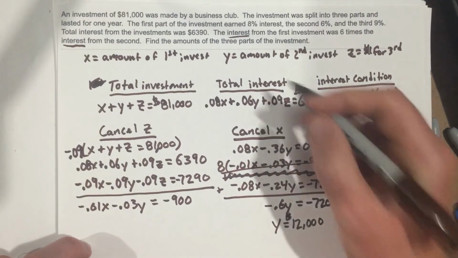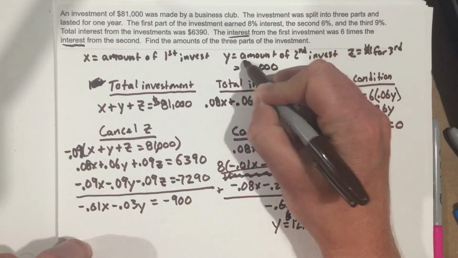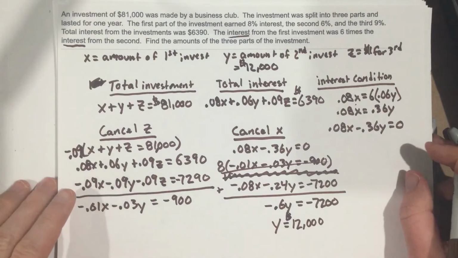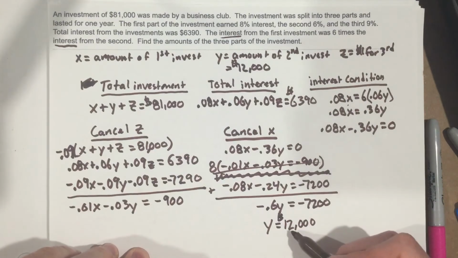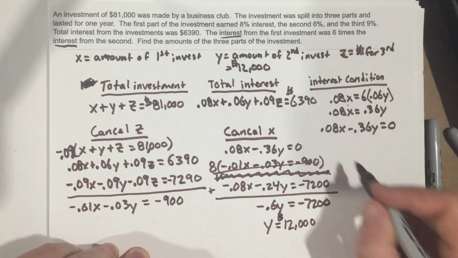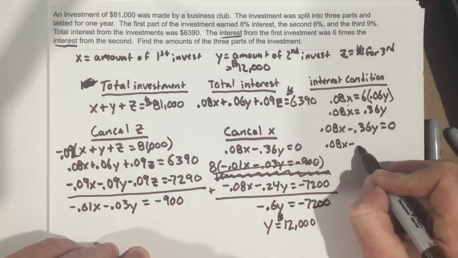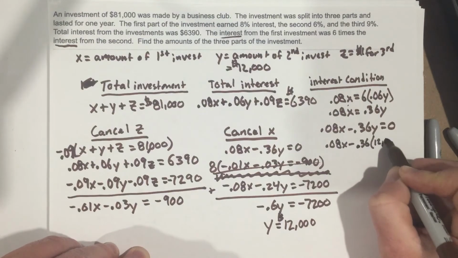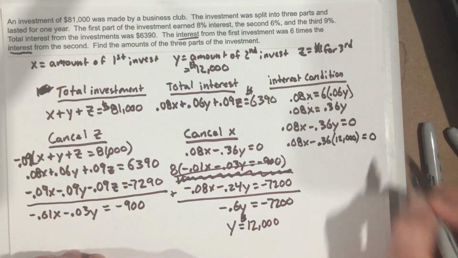So the second account had 12,000. Now we need to reverse substitute the 12,000. So we go back to one of our equations, which we had right here, and we start putting 12,000 in and solving for x. So we get 0.08x minus 0.36 times 12,000 equals 0.